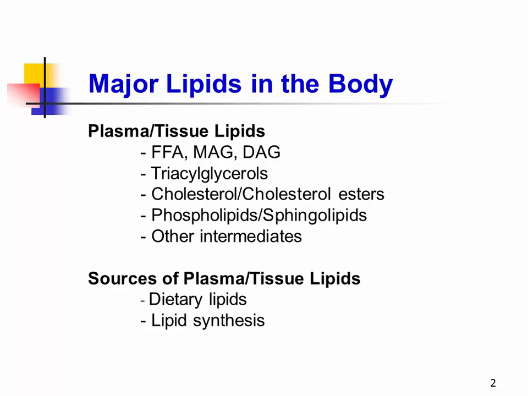The sources of plasma and tissue lipids are basically two major sources. One is from the diet, we can absorb lipids from the diet. The other major source is synthesis in our body. Our body is also able to synthesize lipids.